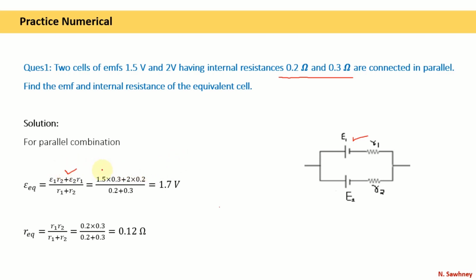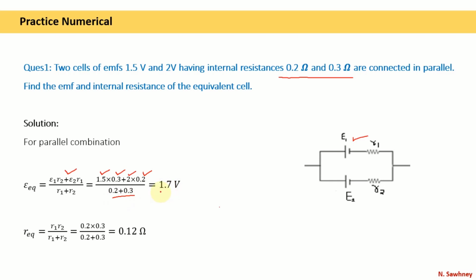Putting down all the values, the EMF of the first cell is 1.5, internal resistance of the second cell is 0.3 ohm, EMF of the second cell is 2 volt and internal resistance of the first cell is 0.2 ohm, divided by the sum of the internal resistances, 0.2 plus 0.3.